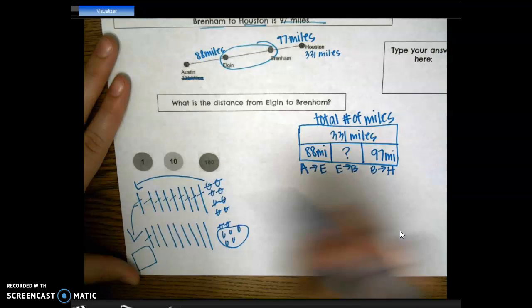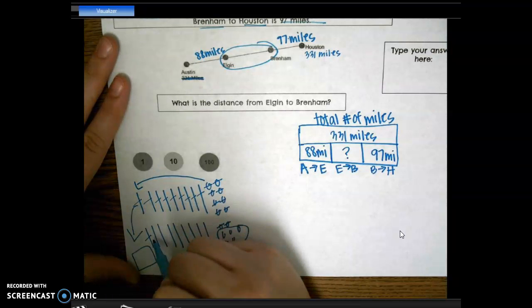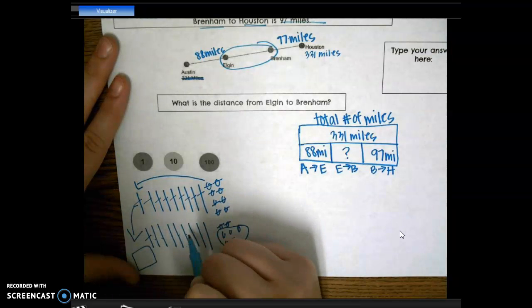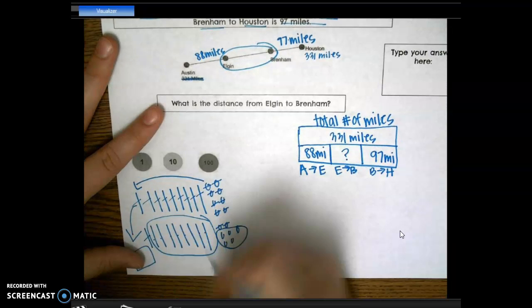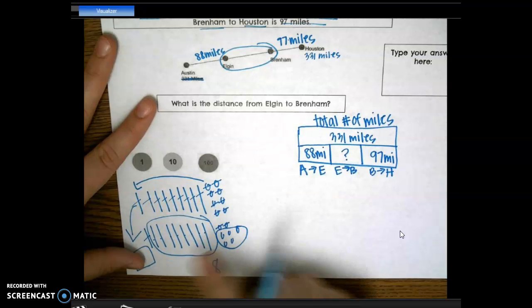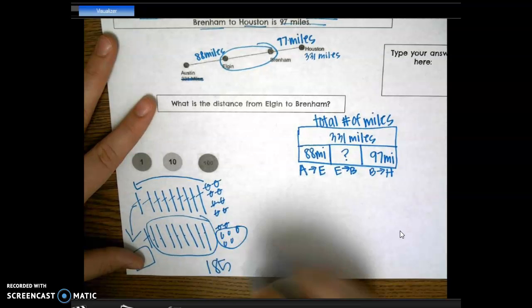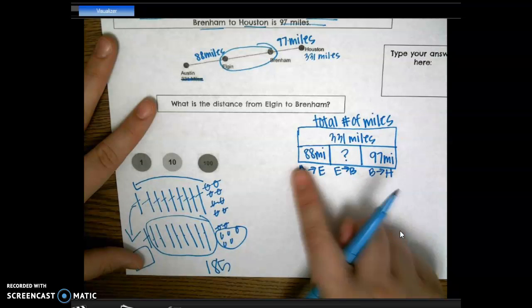Those all become 100. And then I have 10, 20, 30, 40, 50, 60, 70, 80. I have 80 left. So I have 185 miles that we know have been driven.